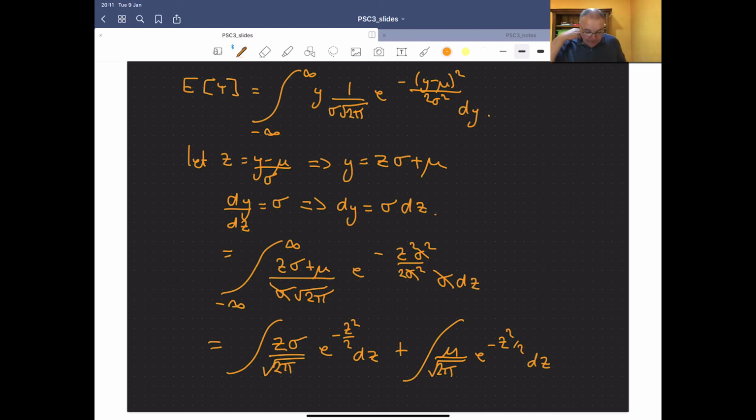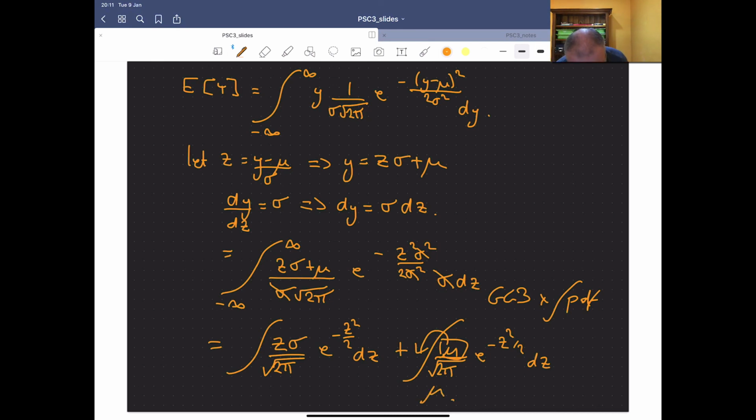Well, what do we notice? First of all, this mu can come out the front. And what have we got? We've got the integral from minus infinity to infinity of 1 over root 2 pi e to the minus z squared over 2 dz. Well, the first time we see Gary-Glonick trick 3, which is times by the integral over a PDF. What's our PDF? Well, you recognise that as the PDF of a standard normal, and we're integrating on it, so we get 1. So this whole first term just becomes mu.